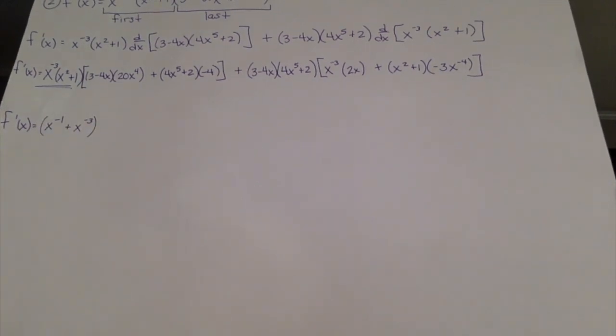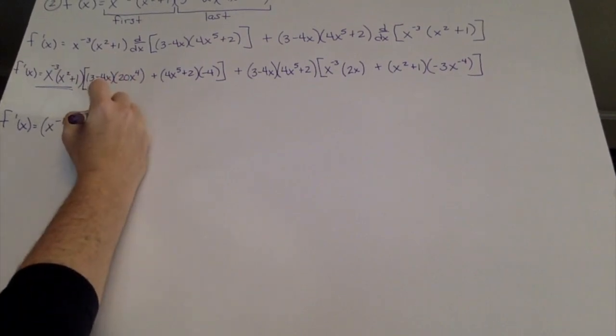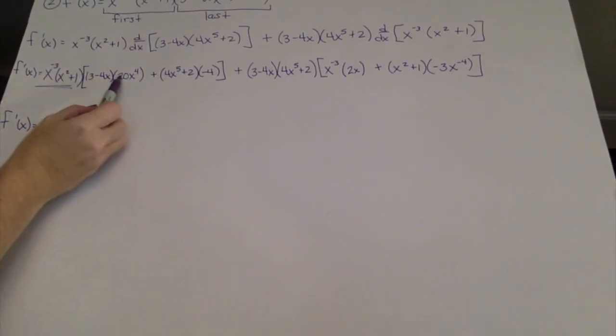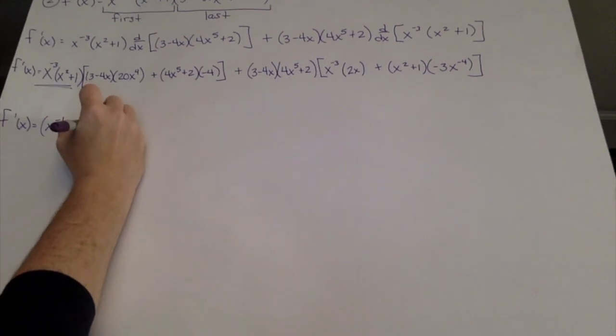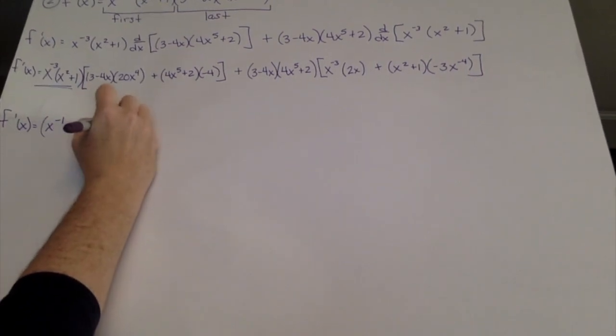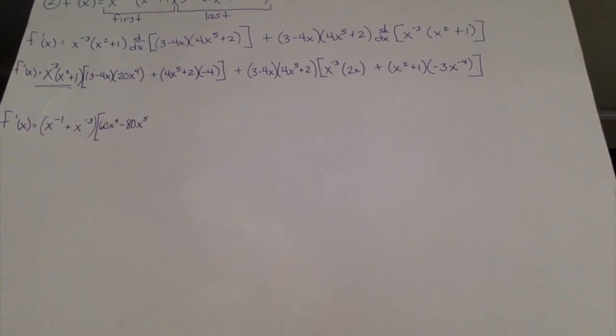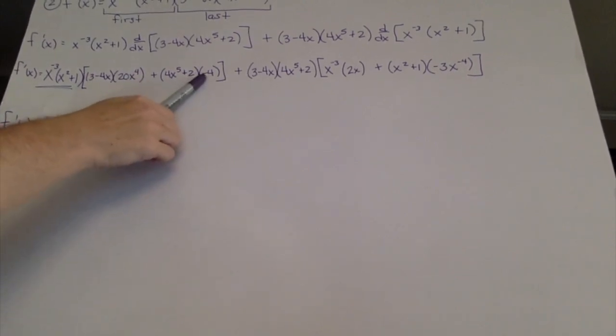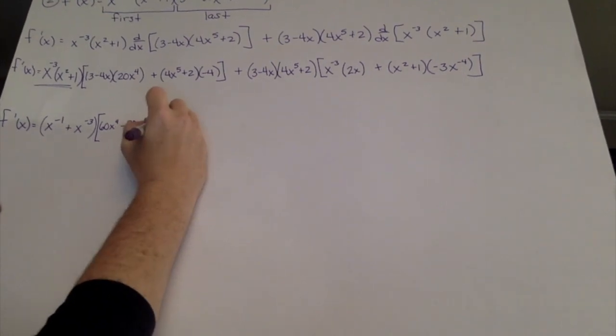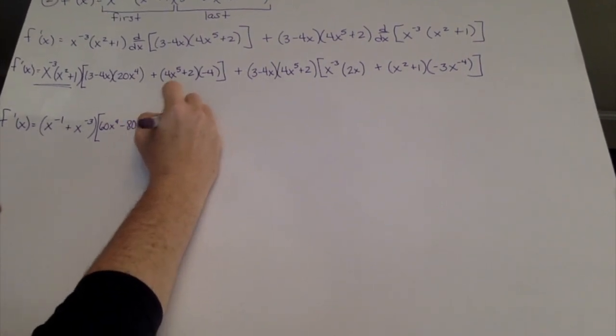Okay. Then we're going to, in here, in the bracket, I'm going to go ahead and distribute 20x to the fourth, so I'll get 60x to the fourth minus 80x to the fifth. I'll go ahead and distribute this negative 4, so I'm going to get negative 16x to the fifth minus 8.